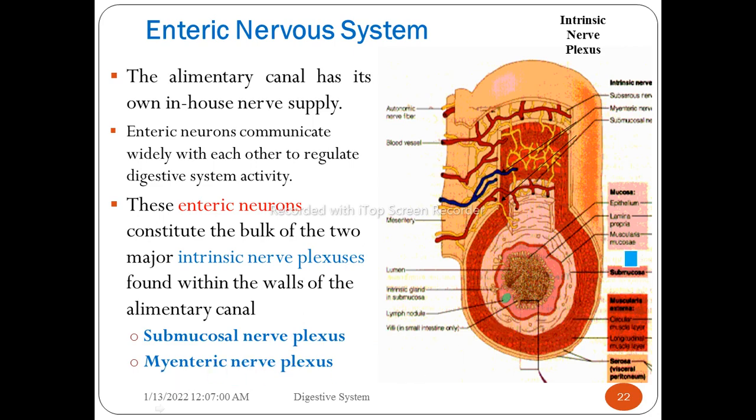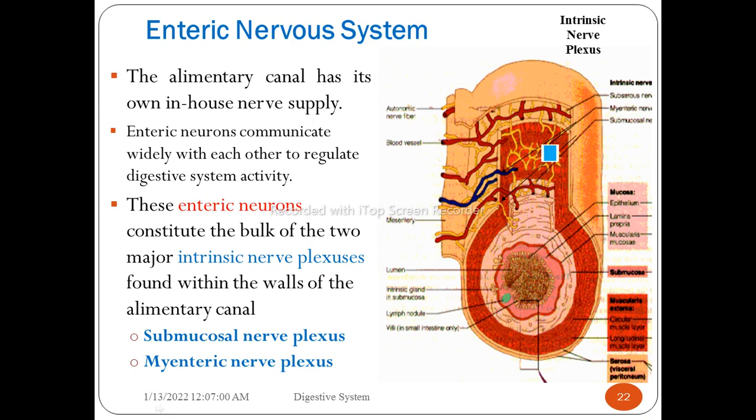This is the mesenteric nerve plexus, whereas this is the submucosal nerve plexus. The submucosal one is here, found in the submucosa, whereas this one, the mesenteric nerve plexus, is found on the muscularis externa.